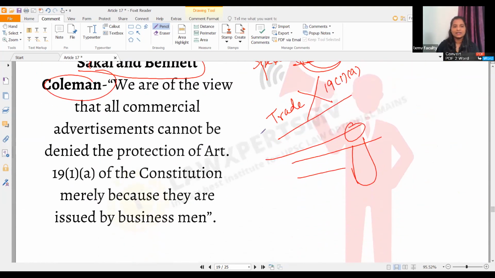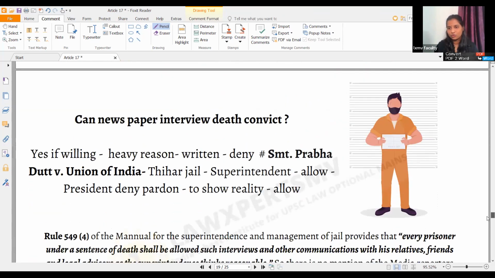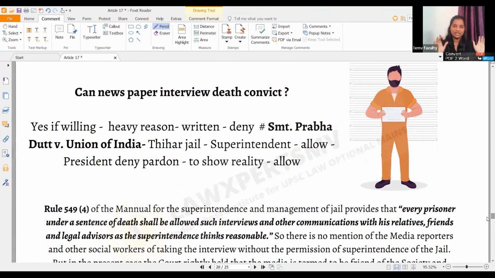It stated that commercial advertisements cannot be denied protection under Article 19 clause 1 clause A merely because they are from a businessman. So there is a classification, but it is a little bit diluted. Now it is for the court to decide whether they want this classification or not. It is an open question. Remember this, because open questions are a favorite for UPSC. So you have to give your own rationale.